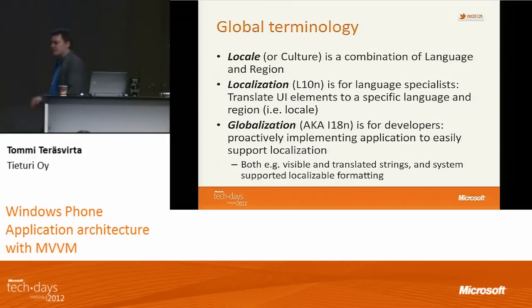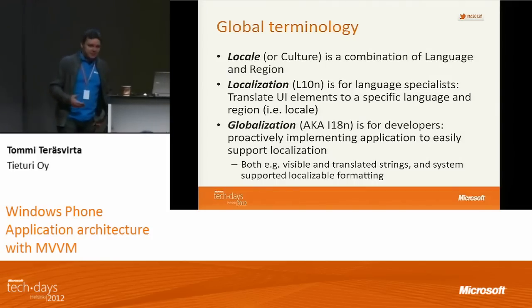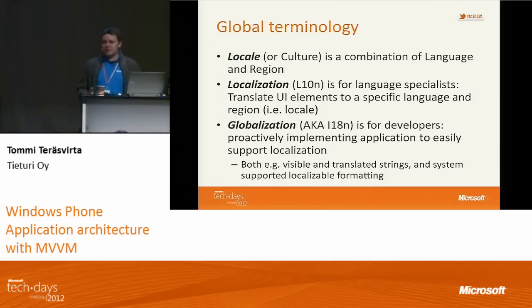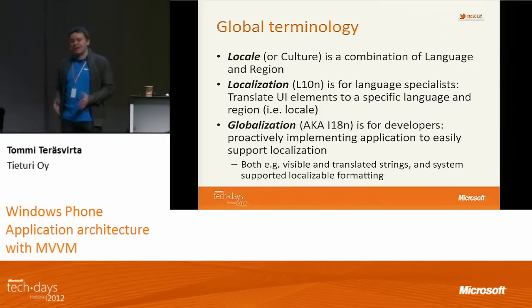Then we have localization. I don't know how to do localization, not even to Finnish or English. That's something that, in my opinion at least, professional language specialists should do. At least in large companies, you have separate teams for localization and internationalization parts. So those people do it. What I'm trying to say is that I have a fairly good idea what to do with globalization, or internationalization, as it's called in some other places.